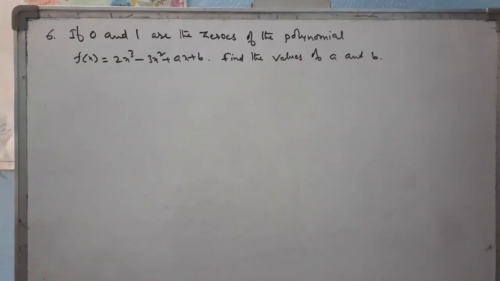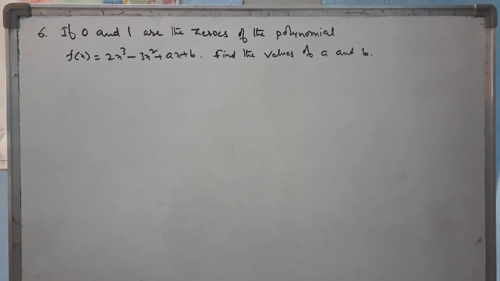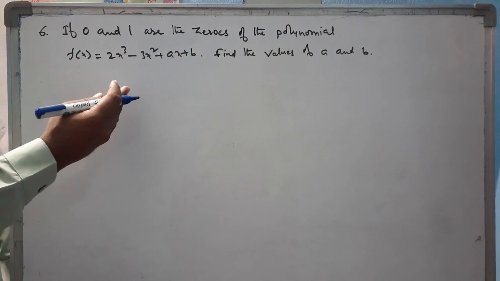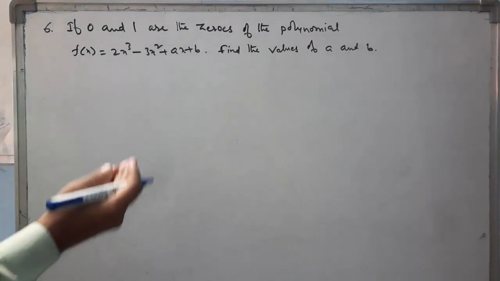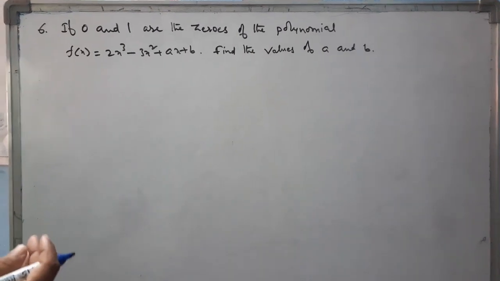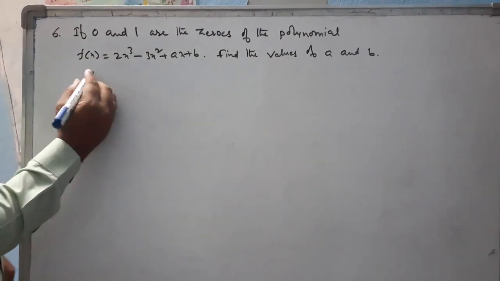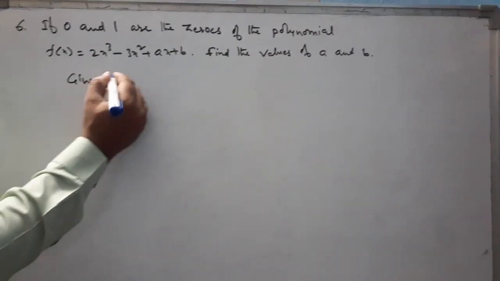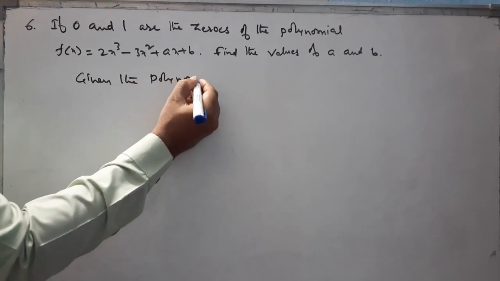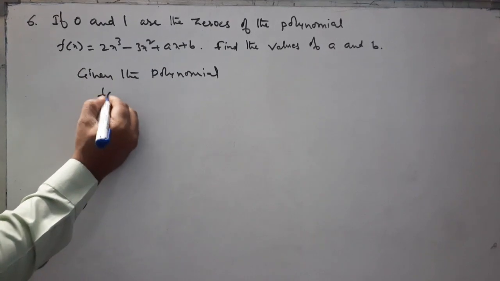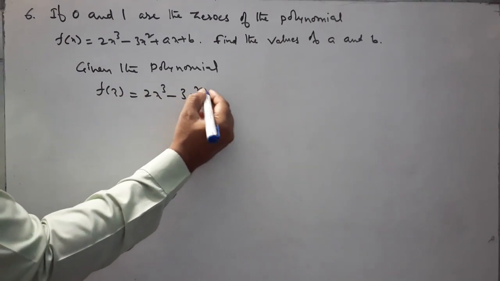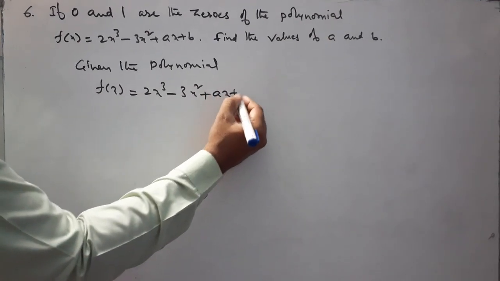Next, sixth one, if 0 and 1 are the zeros of the polynomial f of x equal to 2x cube minus 3x square plus ax plus b, now we have to find the values of a and b. So here it is given the polynomial f of x equal to 2x cube minus 3x square plus ax plus b.